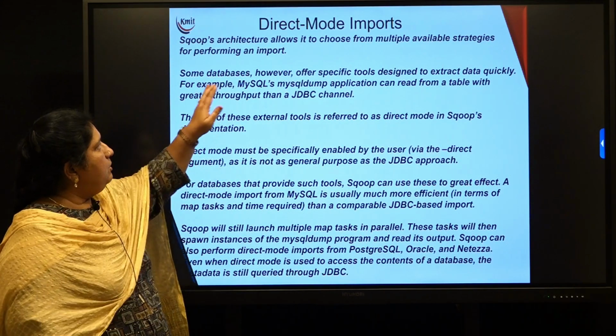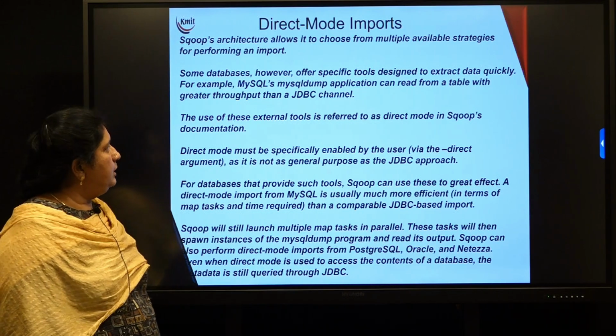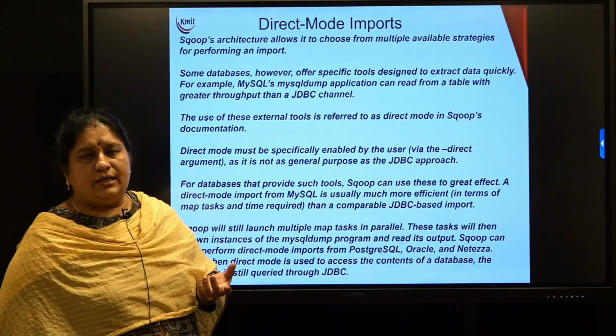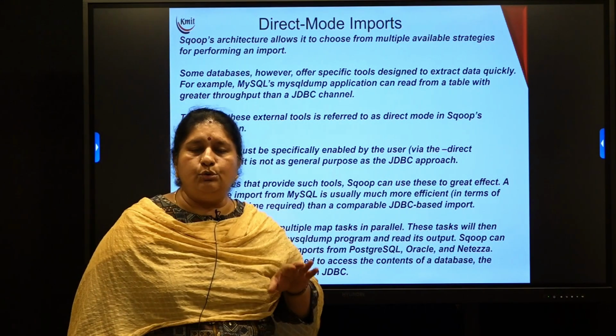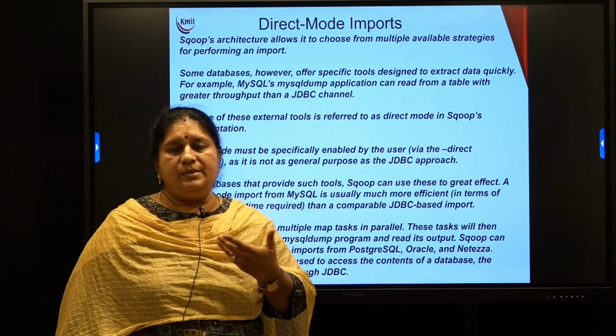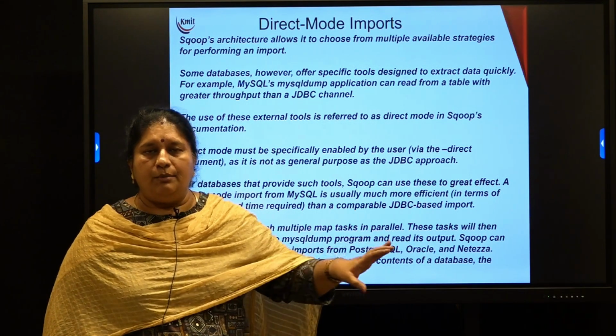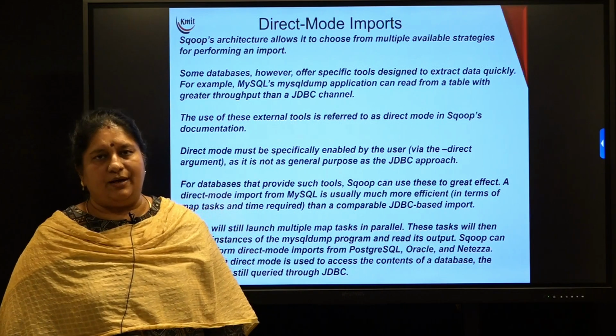Then there is something called direct mode import. What do we mean by direct mode import? Generally, whenever we are working with import, Sqoop issues JDBC connectivity with the RDBMS and tries to get the data and put them into the text file.